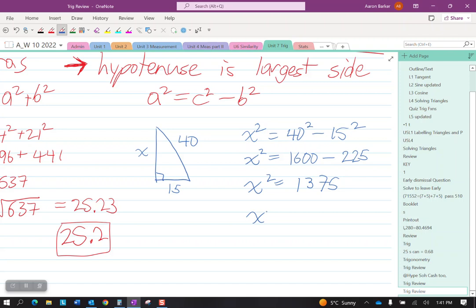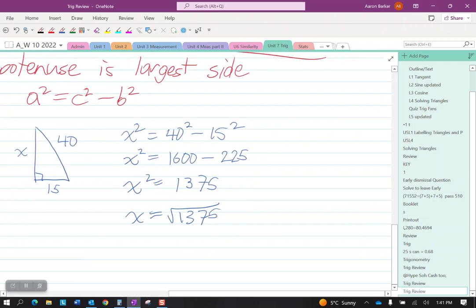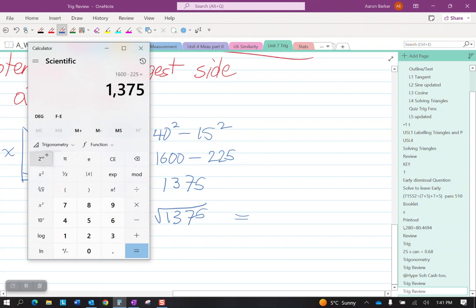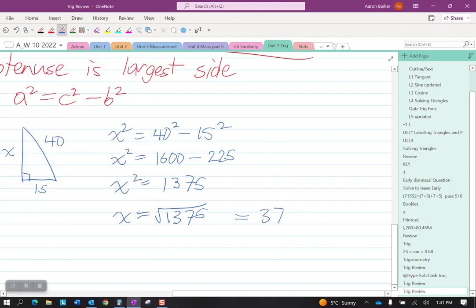Then we have to change x squared into x. And we do that by square rooting the other side. 37.08, which rounds to 37.1.